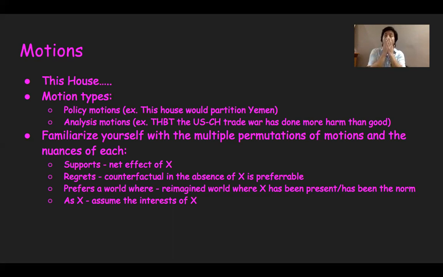Now, there are important things that you have to note with regrets motions. The most important thing, whether you are on the gov side or the op side, is that the gov is not allowed to prop what the counterfactual would have been. They need to be able to analyze reasonably what that counterfactual would have ended up being.